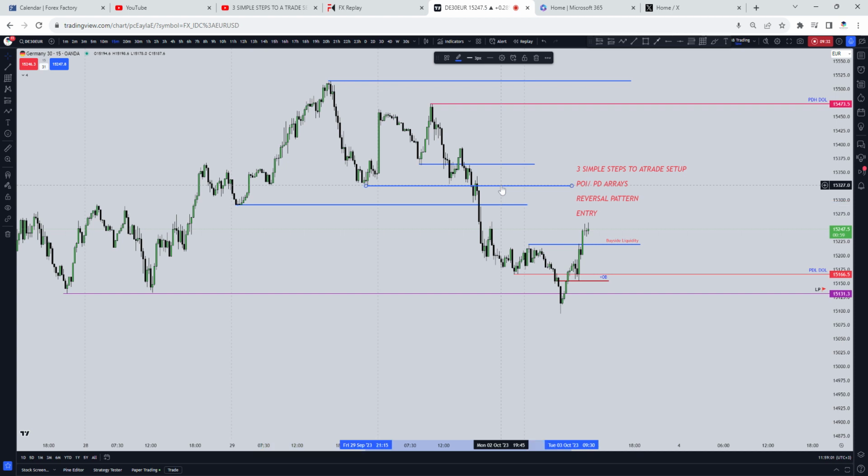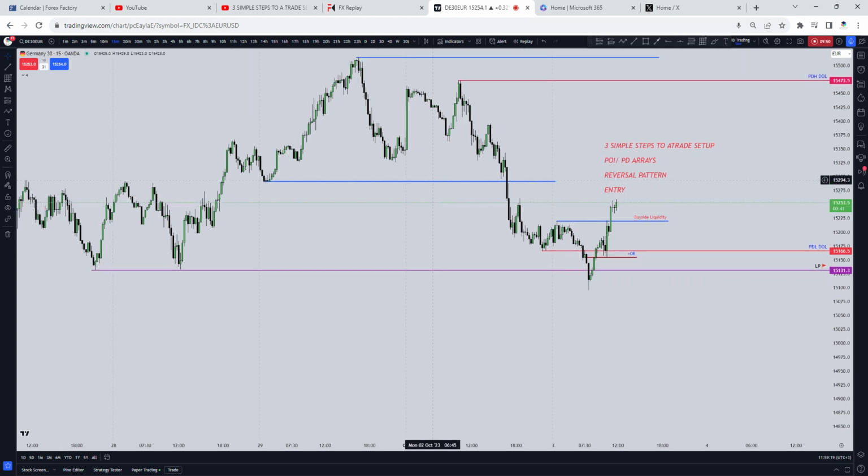The only time we would think about reversal is price taking this low, comes back and takes this previous high. And then we would expect a reversal. So now, since price has not shown me a structure for reversal, my focus shifts to the next pool of liquidity, which is this one.